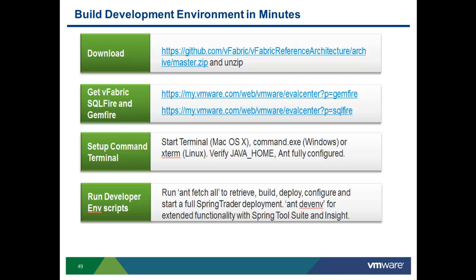And then you run a simple ant command, ant fetch all, and ant devenv to build the entire application stack of the vFabric Reference Architecture. At the end of the execution of the ant script, you will have an entire development environment and the ability to click through Spring Trader.